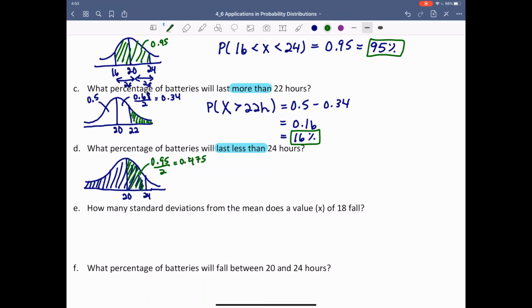And everything to the left of the mean is 1/2. So the probability that x is less than 24 hours is equal to 0.5 plus 0.475, which is 0.975 or 97.5%.